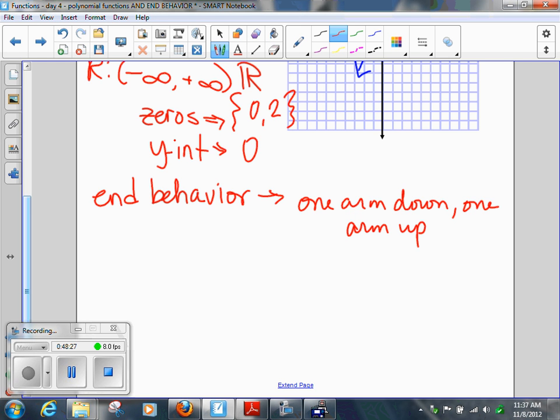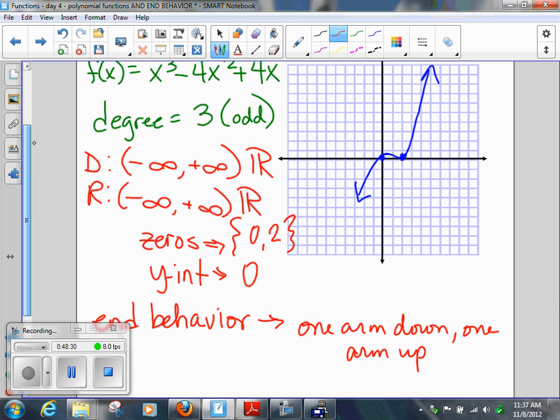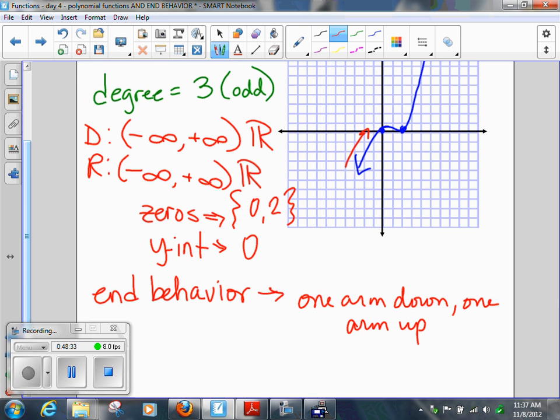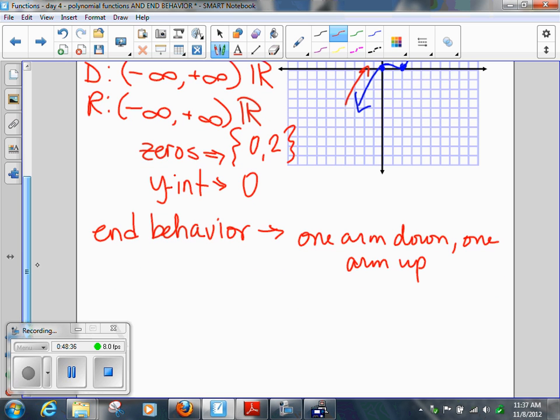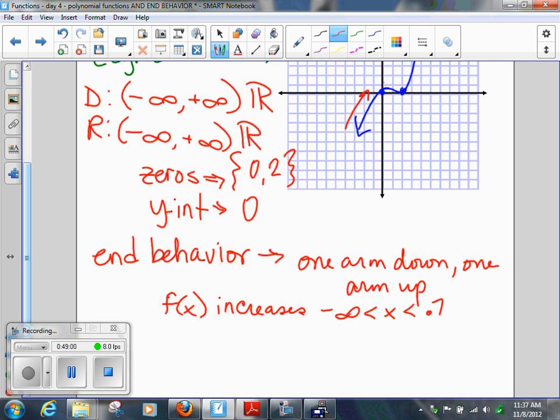Now let's talk intervals. So it looks to me that it's increasing. So f of x increases from negative infinity to 0.7. How many of you had that? Good. Then, for a very short amount of time, it's a little decrease from 0.7 to 2.